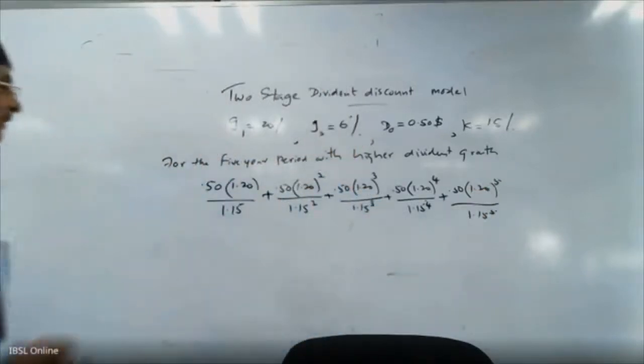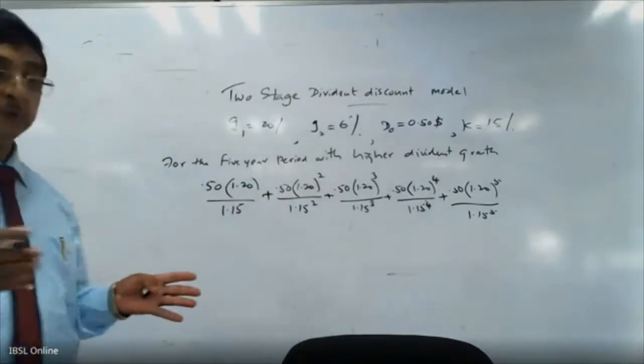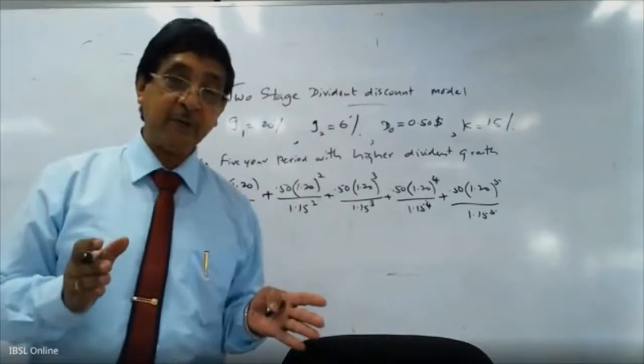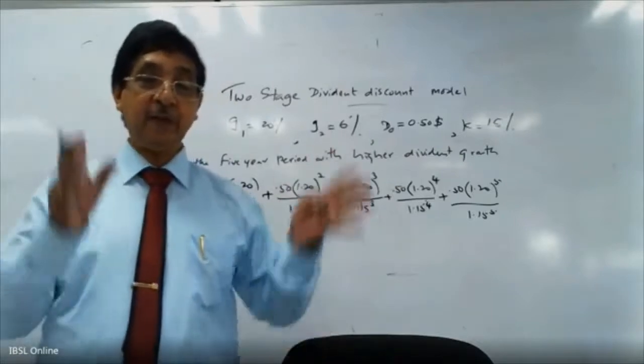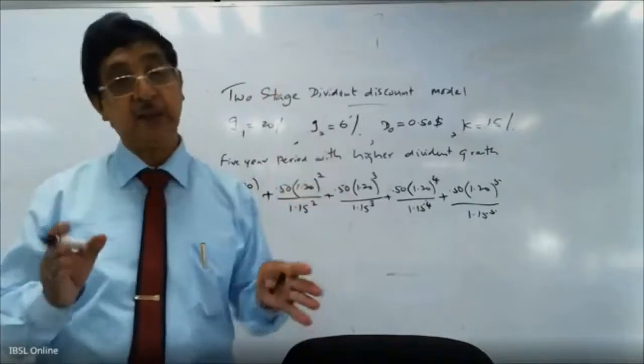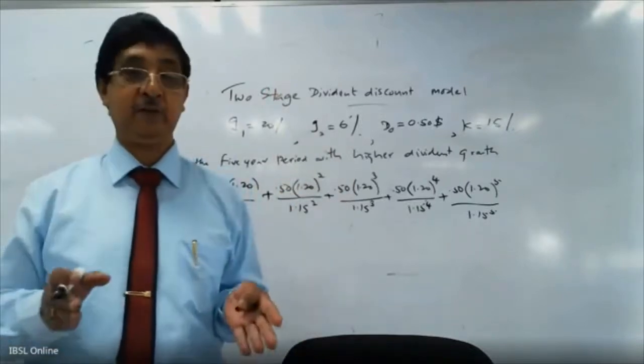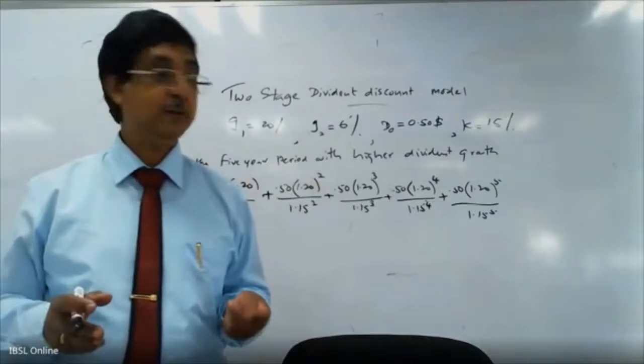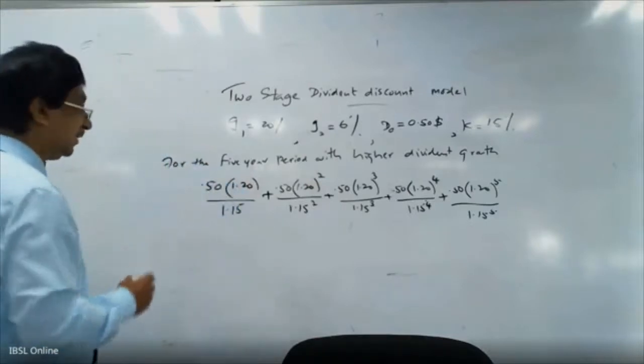Now if you can calculate these, that gives us the cash flows for the first 5 years, where the dividend growth is very high. Very high means it is higher than the required rate of return. Right. So that is the first stage.